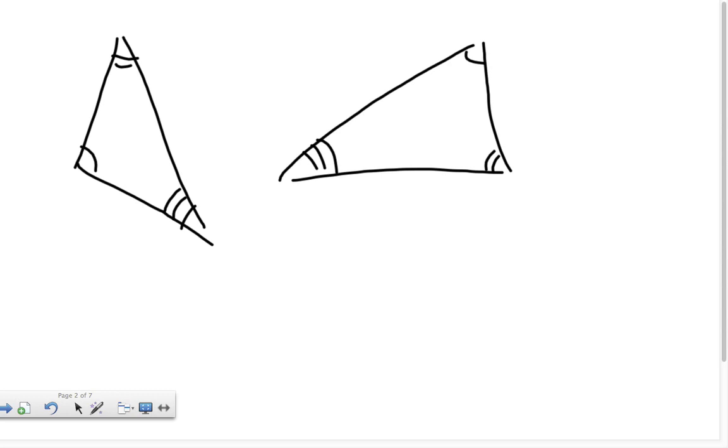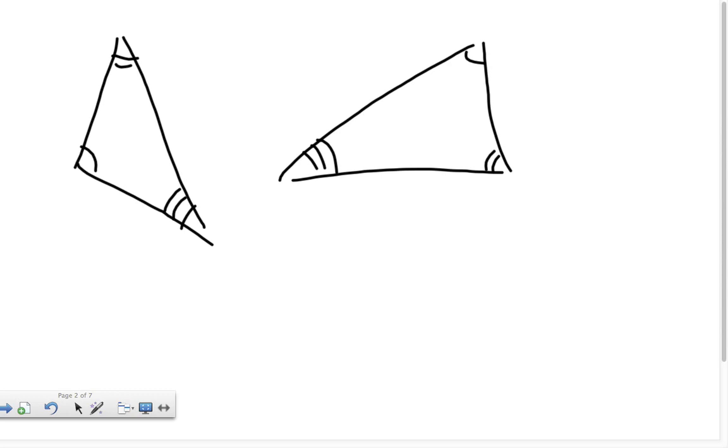So the diagrams will look like that. What do those lines around the corners of the triangle mean? Alex? Yeah, these are the matching angles. Sometimes it's hard to see when it's rotated.